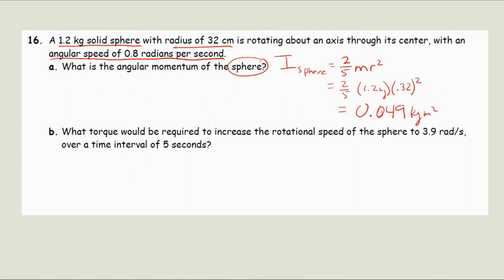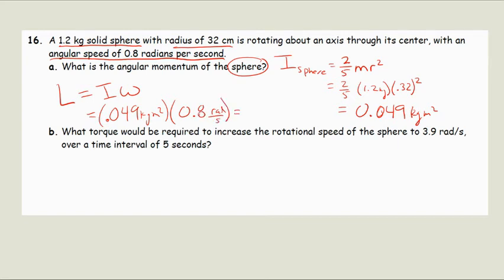Okay, so angular momentum is equal to I times omega. I already figured out my I, which is 0.049 kilograms times meters squared, times our omega, which in this situation is 0.8 radians per second.